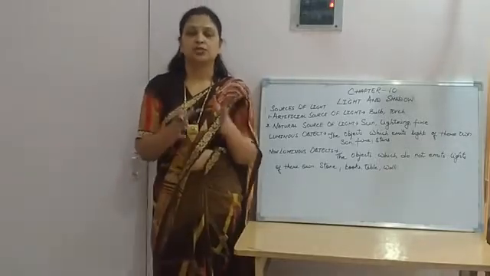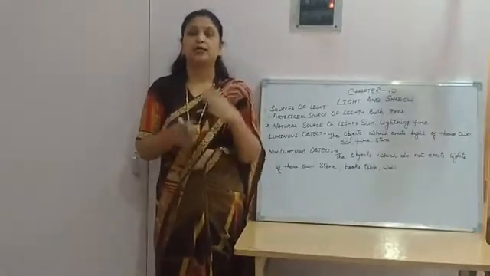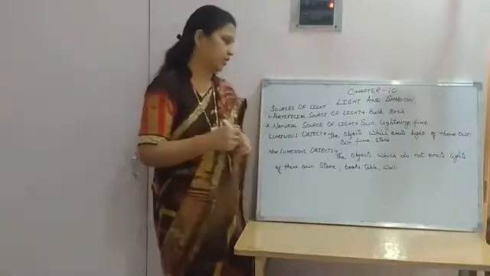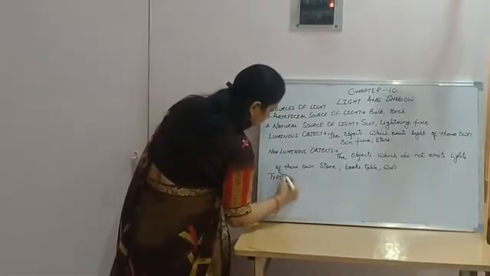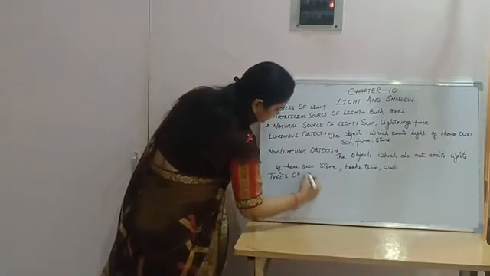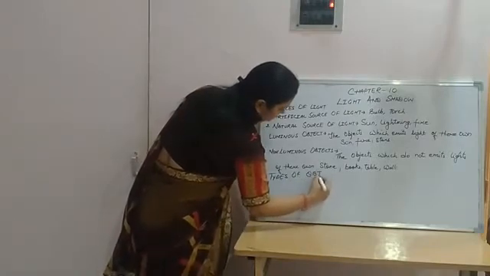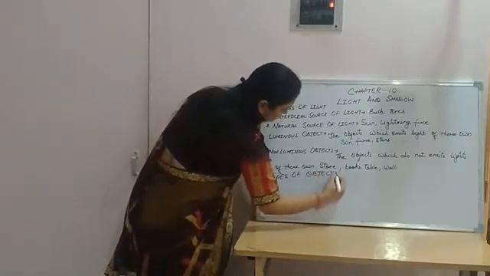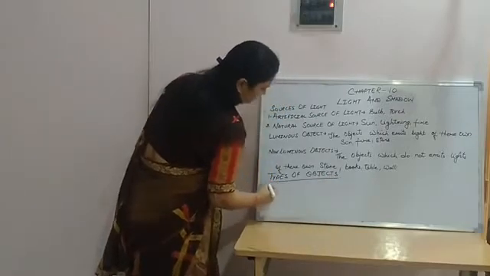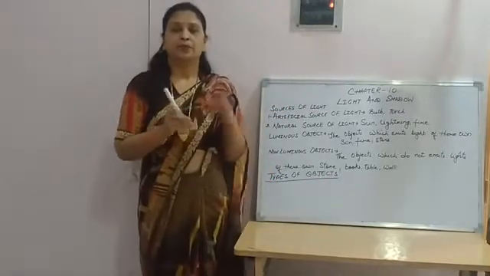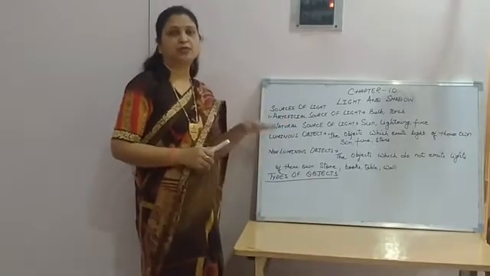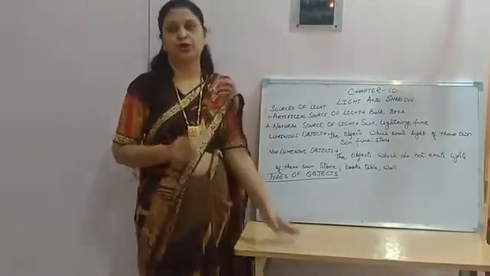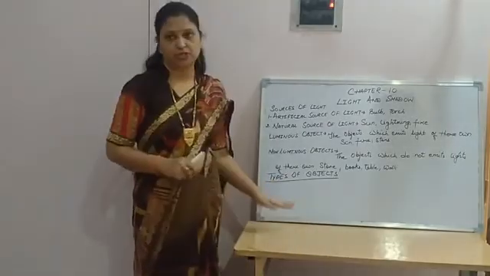Now dear student, today I am going to explain to you about the types of objects. This is the revision which I have taught in the previous video. Now, the types of objects.